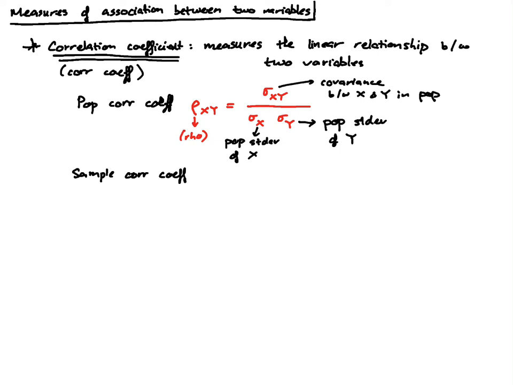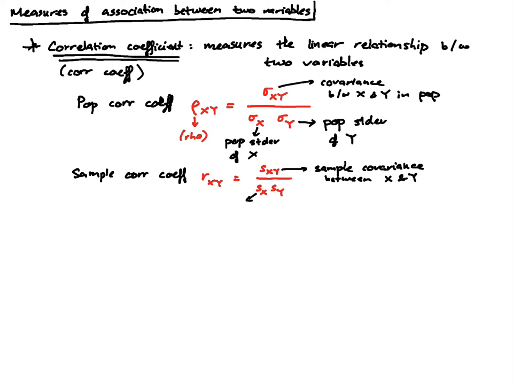Now the sample correlation coefficient, which is denoted by Rxy, is equal to Sxy divided by Sx times Sy, where Sxy is the sample covariance between x and y.